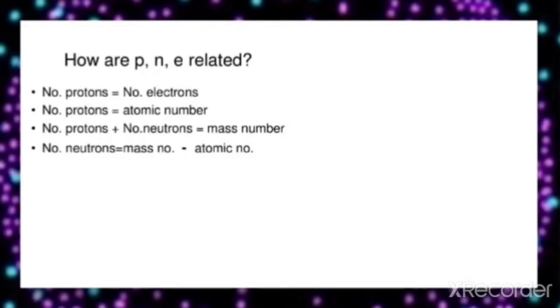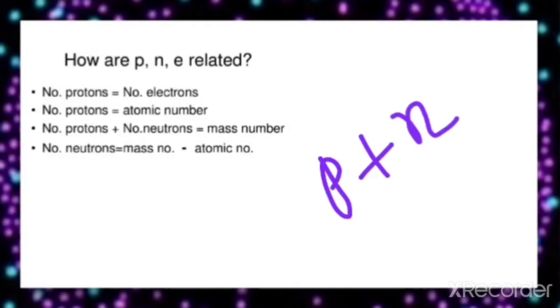After the study of the properties of the subatomic particles of an atom, we concluded that the mass of an atom is practically due to the protons and neutrons which are present in the nucleus. So the protons and the neutrons present in the nucleus are responsible for the mass of an atom.